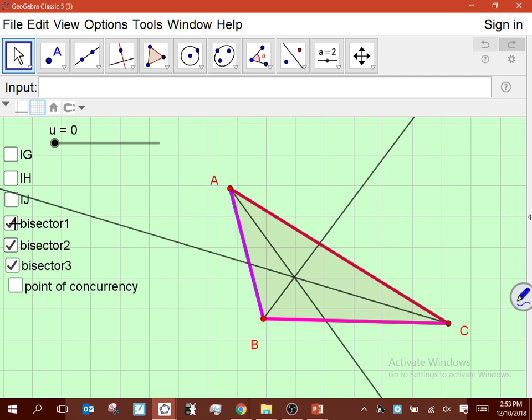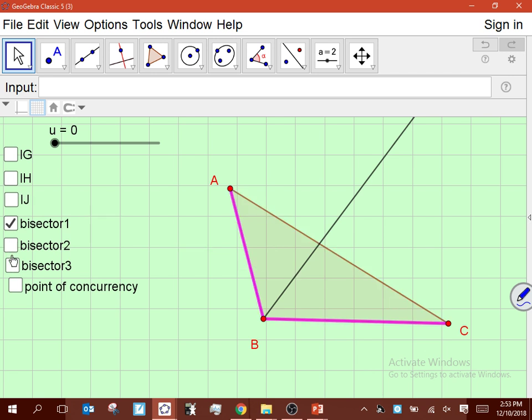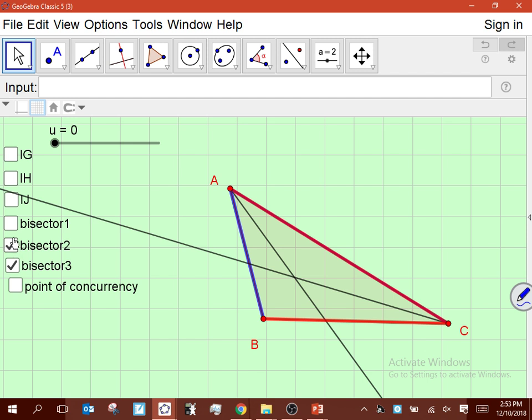Now, what's the feature? Here's the idea. I could just look at two of the three bisectors. Do those two intersect at that same point? So we only need to look at two of them.